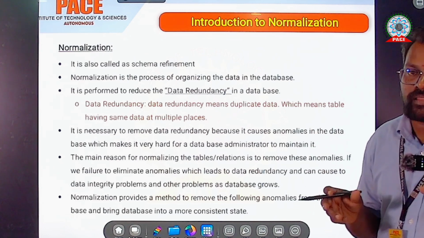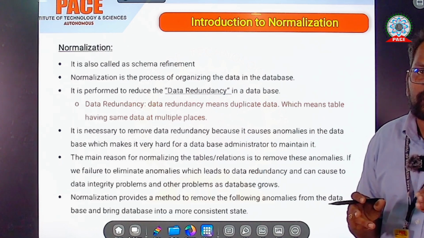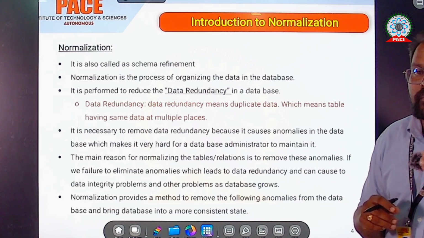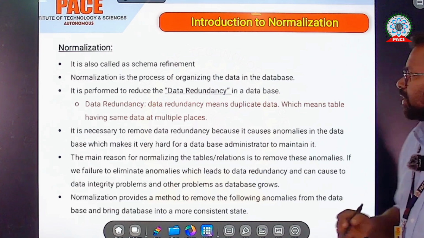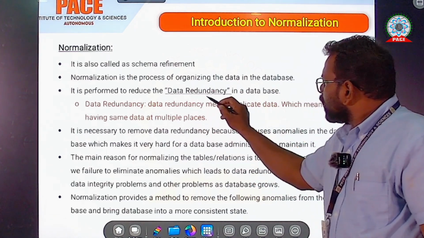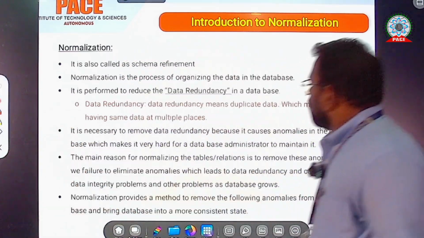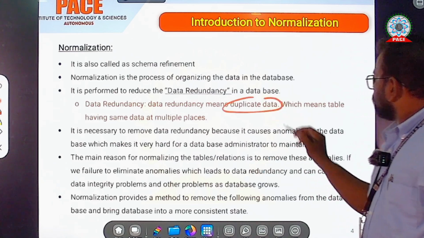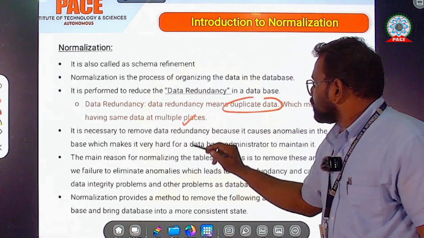If you provide all the information in a single table, that may lead to data redundancy. What is data redundancy? Data redundancy means the same data may be repeated in multiple places in a single table. That is called redundancy. Data redundancy means duplicated data which is repeated in multiple tables.